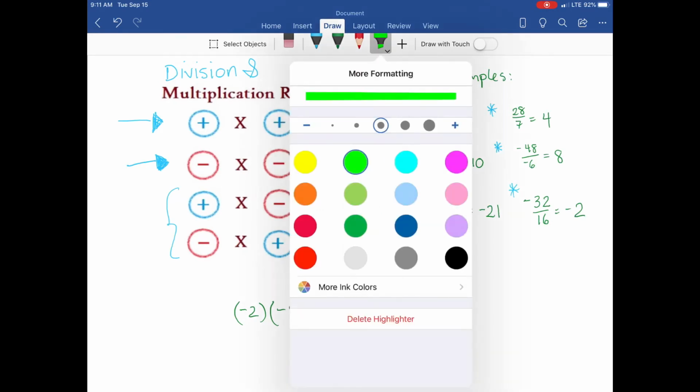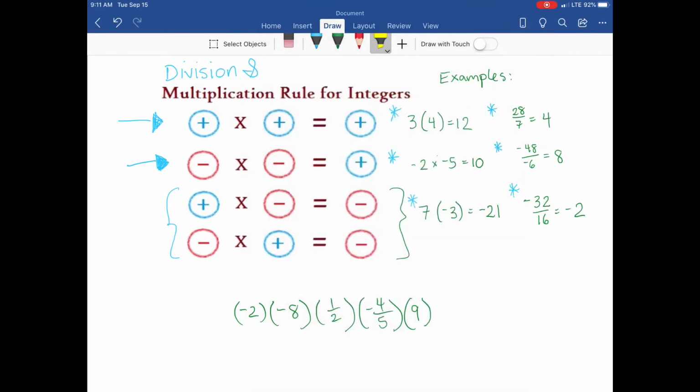What I like to do for these problems is first identify what my product is going to be. What's the result going to be sign-wise? So here I know a negative times a negative is a positive. Those two negatives just canceled each other out. Then I'm left with a positive number times a negative number times a positive number. So a positive times a positive is a positive.